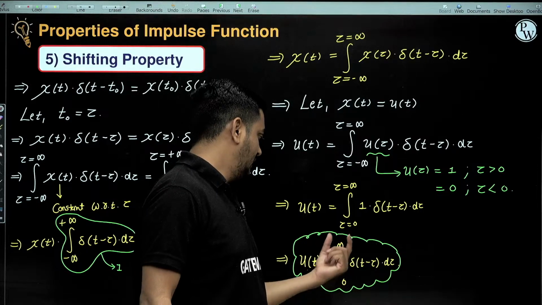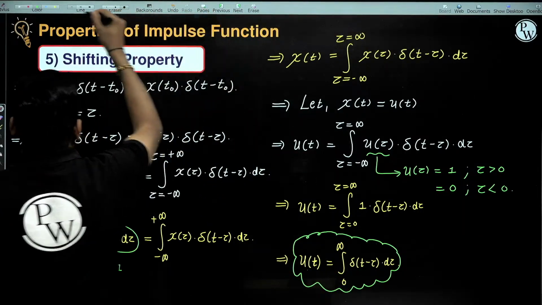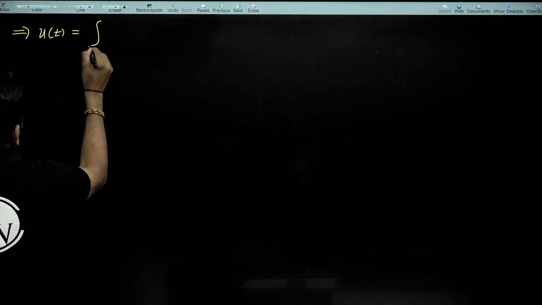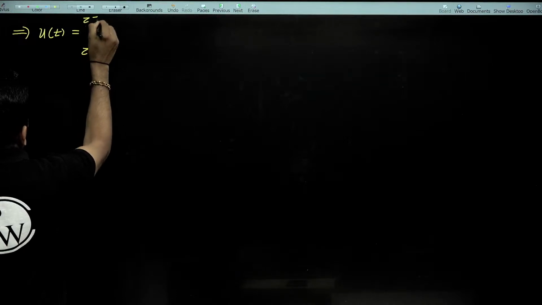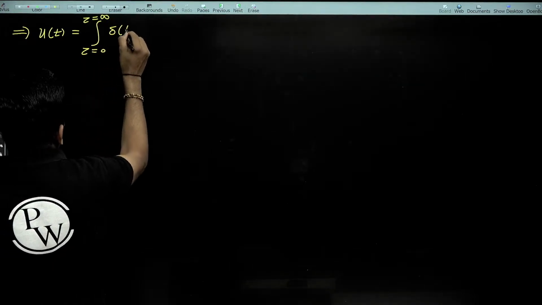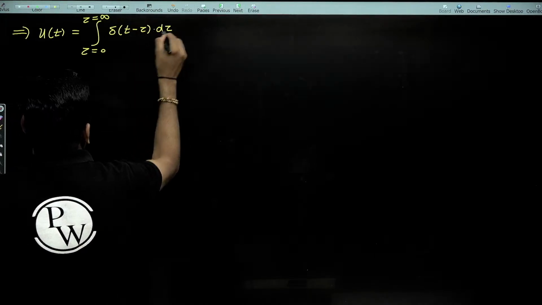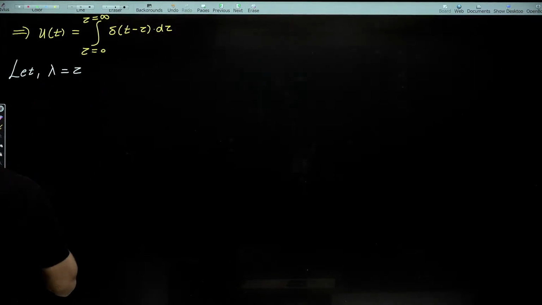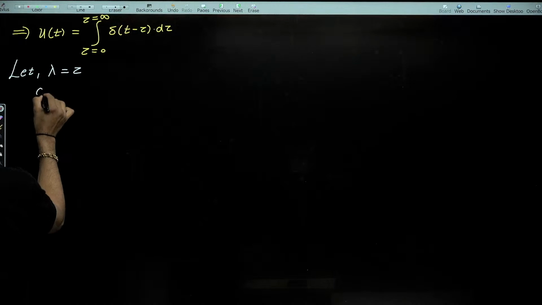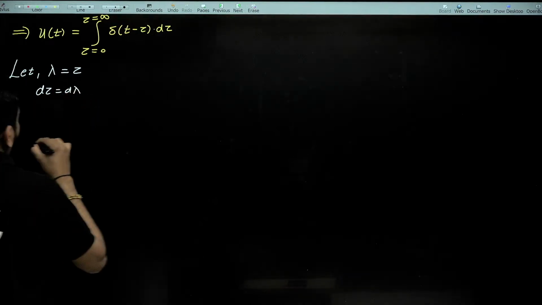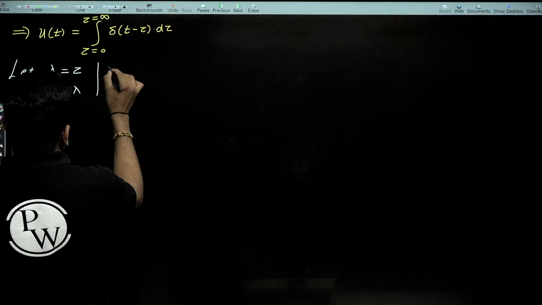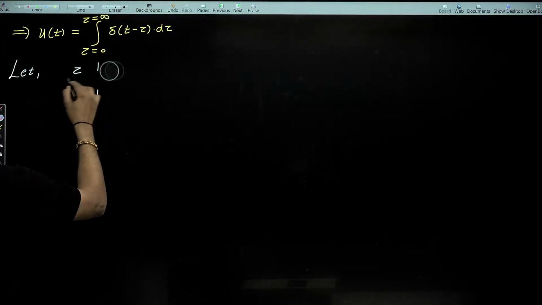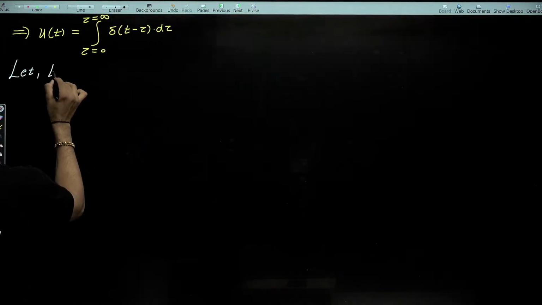Now let us derive the second form also. We got u of t as the integration over tau from 0 to infinity of delta of t minus tau d tau. Now let us consider lambda equal to t minus tau.